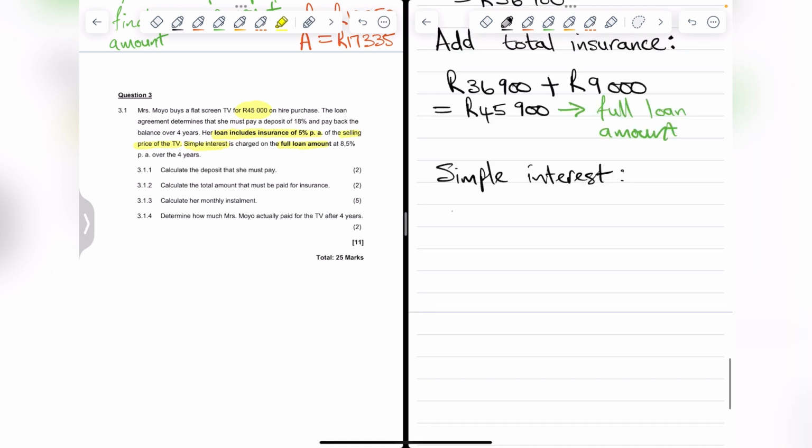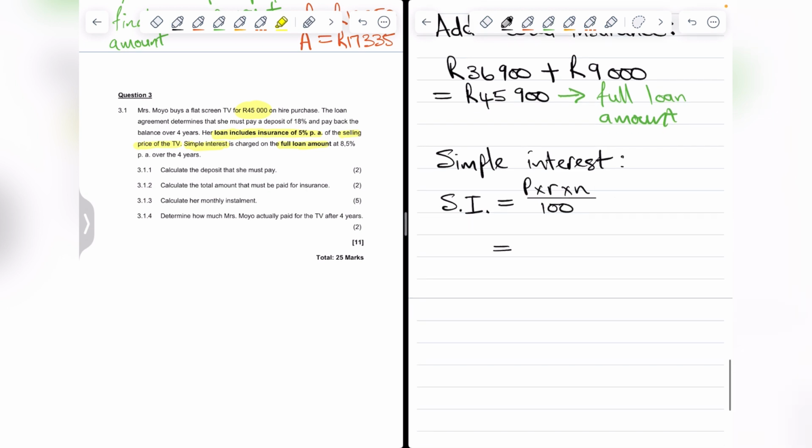So simple interest, then we can just use the formula, which is our principal amount multiplied by R multiplied by N all over 100. So our principal amount in this case is the loan amount, which we want to calculate interest on, and that is 45,900 multiplied by the interest rate, which in this case is 8.5, multiplied by the number of years, which is 4, all over 100.